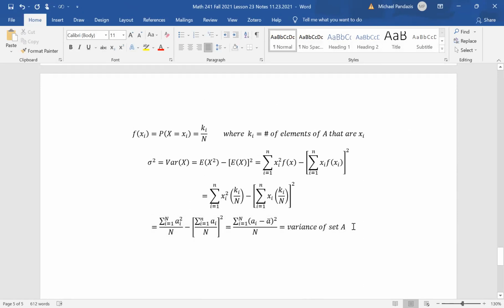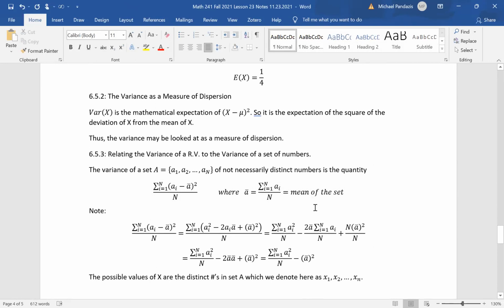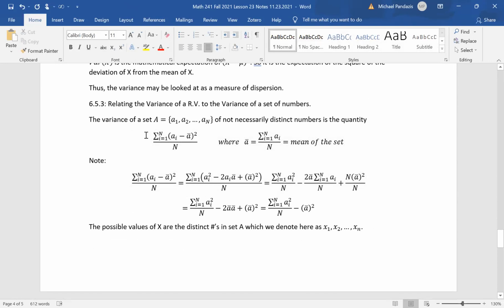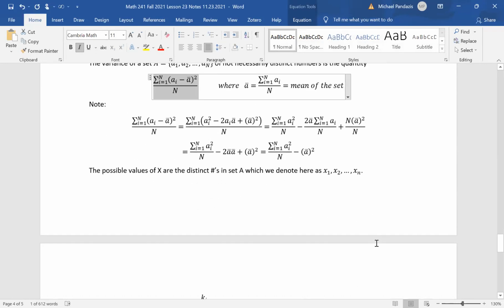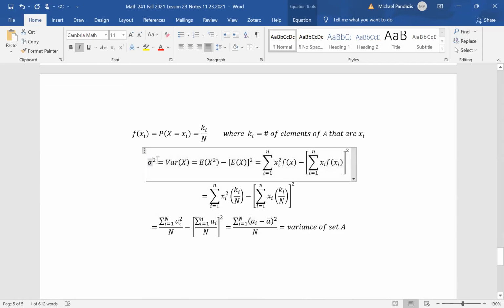Okay, so what we showed is that the variance of the set A is equal to this quantity. We got this quantity as the variance.